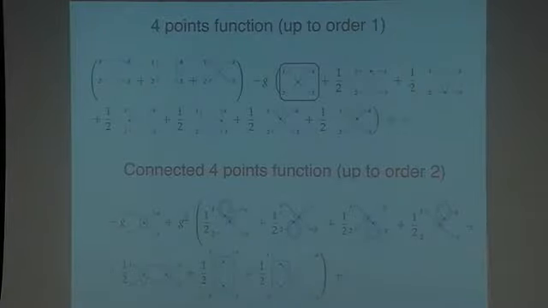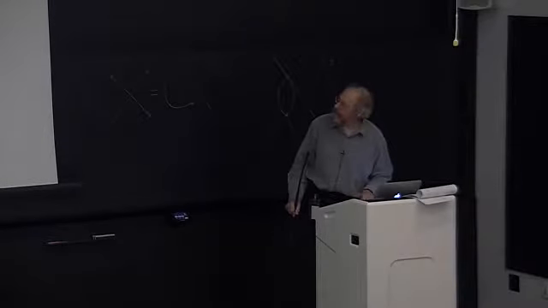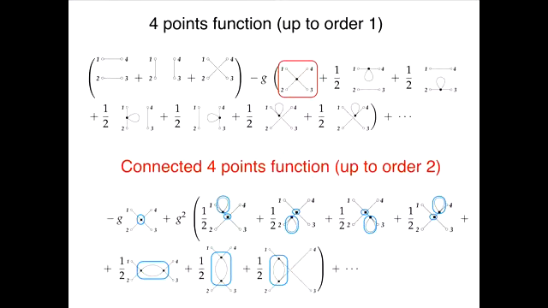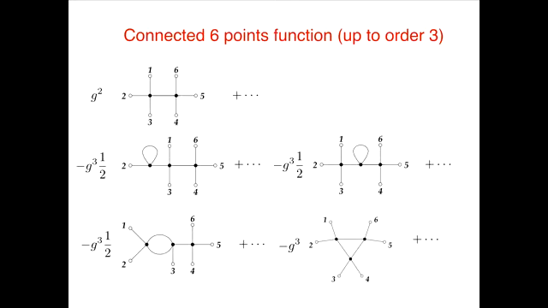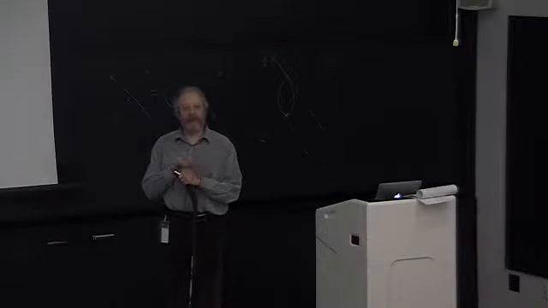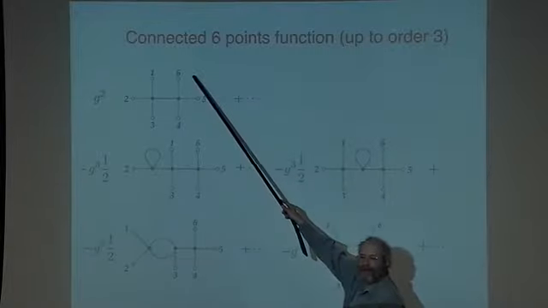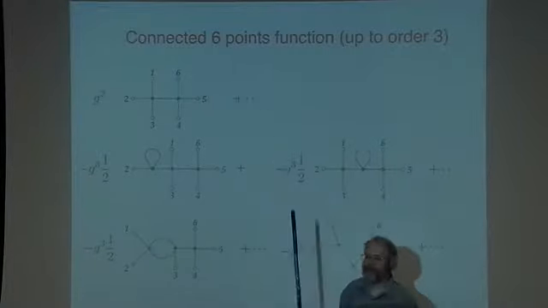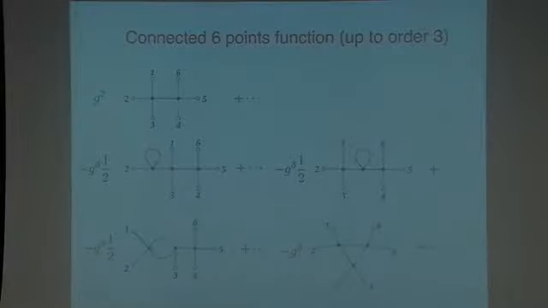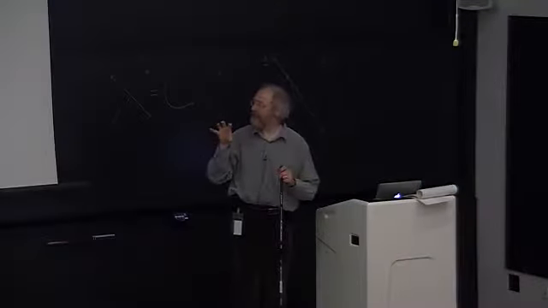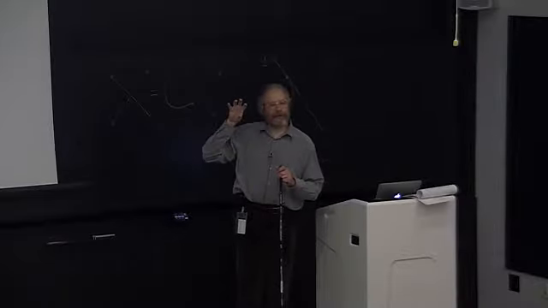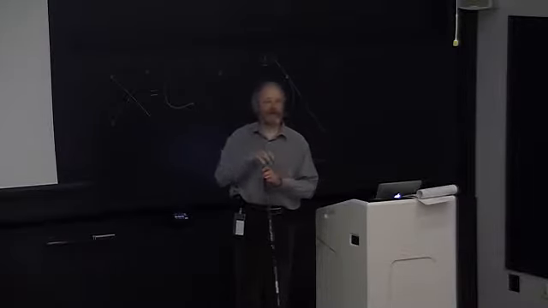Good. So now let's go a bit faster to the 6-point function. We have seen that in the 6-point function, in the free theory, there are 15 different diagrams. But if we concentrate on the connected Feynman diagrams that appear in the calculation of the 6-point function, at order 0 in the free theory, there are no connected diagrams.